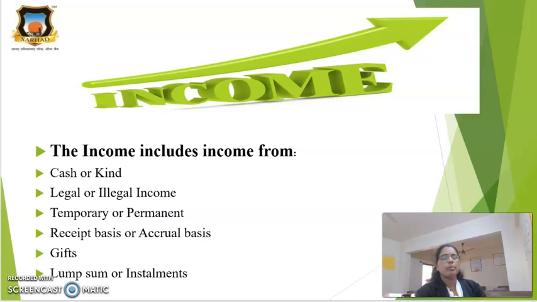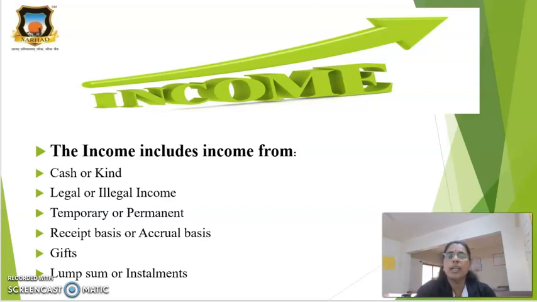Any sum received under a keyman insurance policy including bonus, interest, salary, bonus, commission or remuneration received by the partners from the firm. Any gift in cash or kind exceeding rupees 50,000 received without consideration with effect from 2009. These are the amounts which you can consider as income.